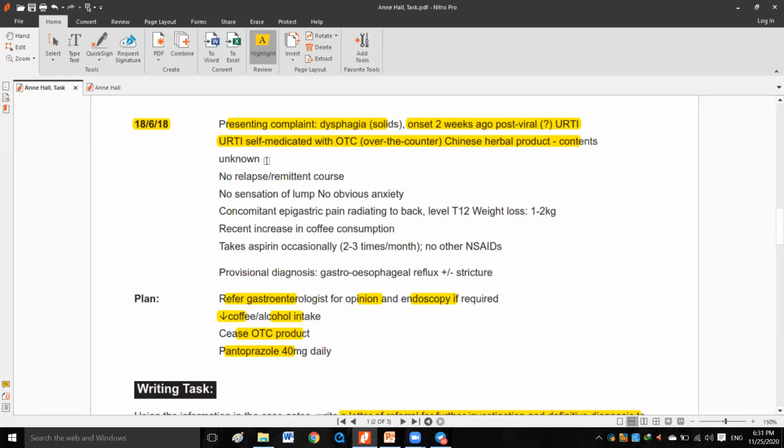Contents and course: here it's not important to mention that the contents are unknown, just a Chinese herbal product. The course, no relapse or remittent course, is it relevant? Remittent course is relevant. No relapse I will not mention.